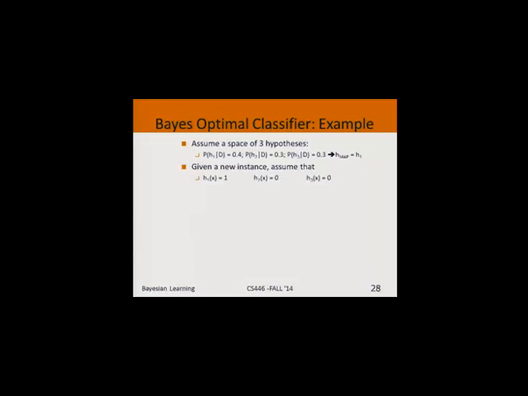Now, given an example X, let's assume H1 of X is 1 and H2 and H3 of X are 0. I've already committed to the maximum a posteriori H, and therefore my prediction is going to be 1, because I committed to this model. This is my function. So H_MAP of X is 1.